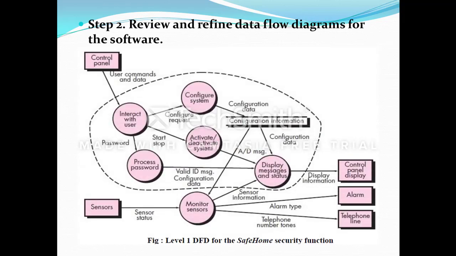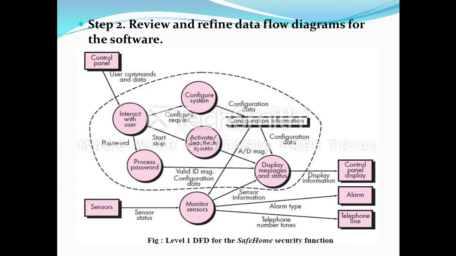See here the level 1 DFD of the SafeHome security function. The input components and output components are the same. Here the SafeHome security software is elaborated. It provides more detailed information within the software: how it takes the input and what internal transformation is performed.